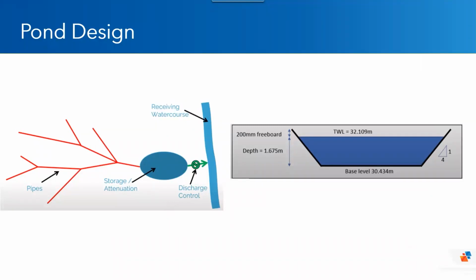The base level elevation I want is 30.434, top water level 32.109, and 200 millimeter freeboard, and the depth is 1.675, right? And there's a side slope of 4:1, mainly for safety, if somebody falls in the pond, smooth going. It's not really a huge impact on the design, but we provide a good slope anyway.